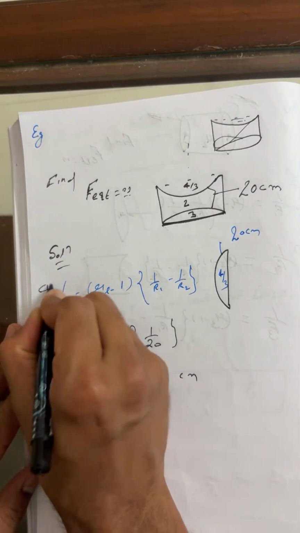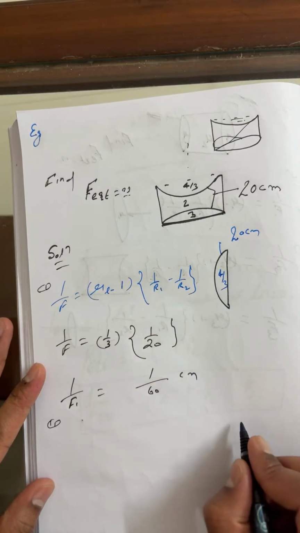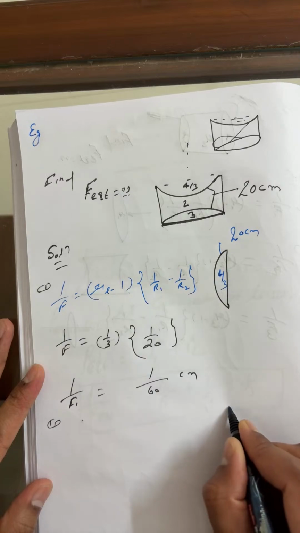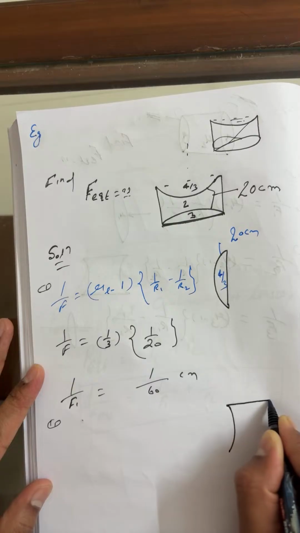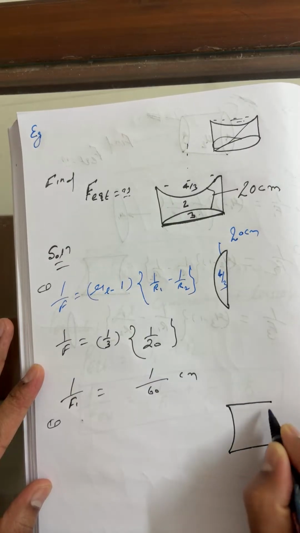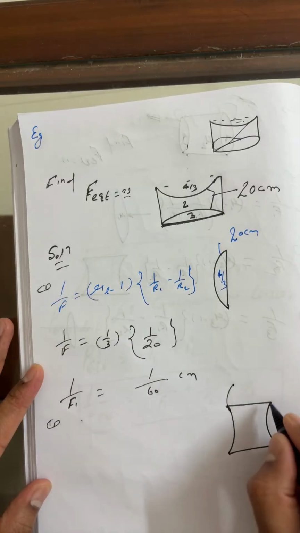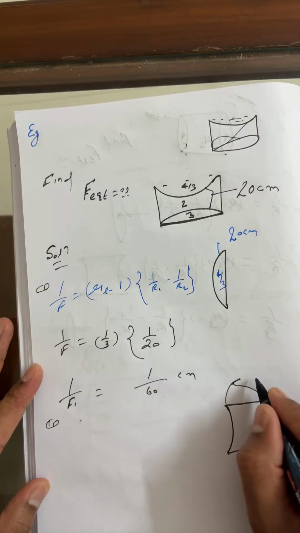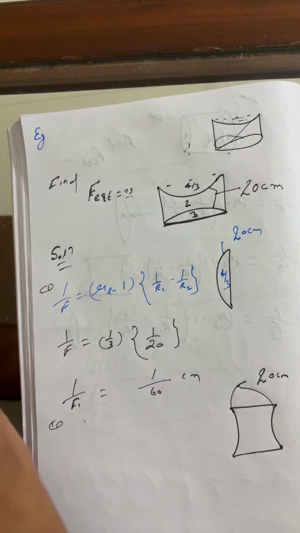Similarly, just you can find here for F2. So for F2, what you can say, it's a concave lens. So just be careful here. It's a concave lens, my dear. So these two are what, my students? This is 20 centimeter.